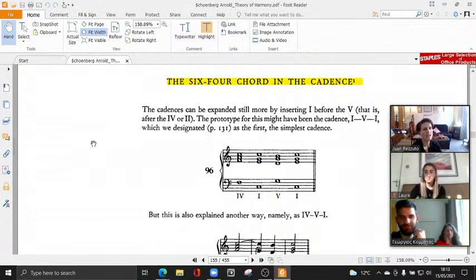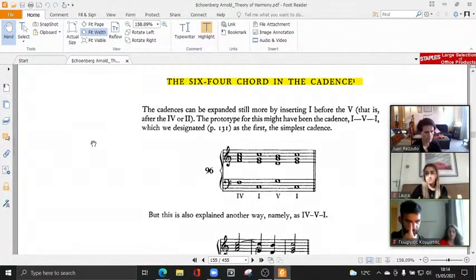And he mentions the plagal cadence, but he actually says this is more related to the church modes. Functionally, the plagal cadence is not as strong as the perfect authentic cadence, half cadence, or deceptive cadence in relation to the form.